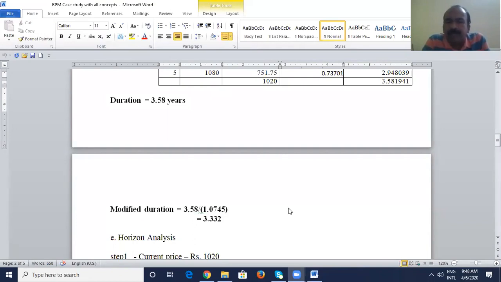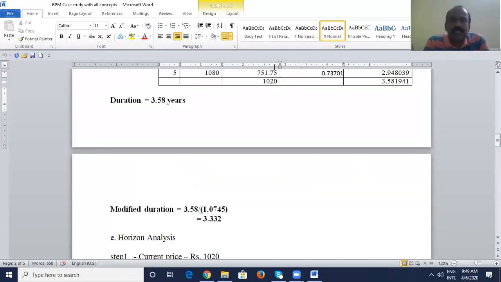In the previous question, for the percentage change in bond price, we are using minus D into delta Y. That equation we use when there is no convexity. The other equation is used for estimating the bond price more accurately.